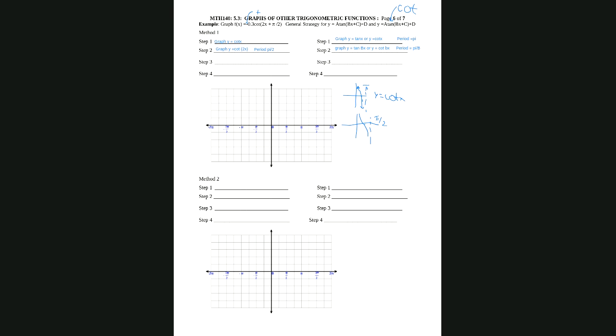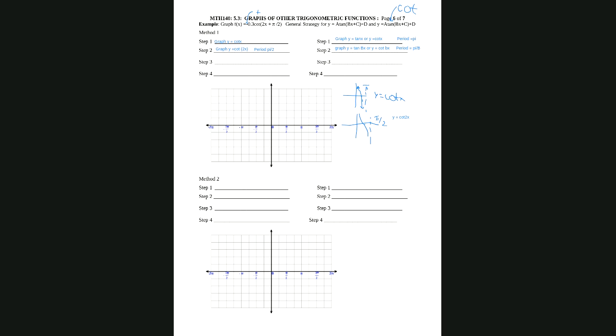For tangent and cotangent, it's going to be pi over b. Oh, cool. Good question. So we've got now a rough graph for y equals the cotangent of 2x. Were there any other questions?